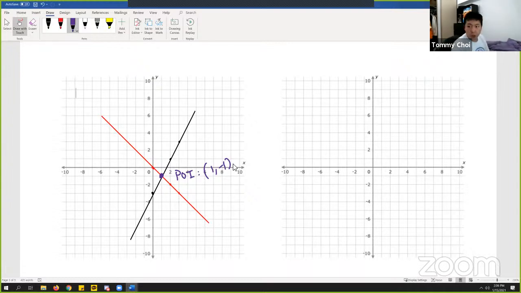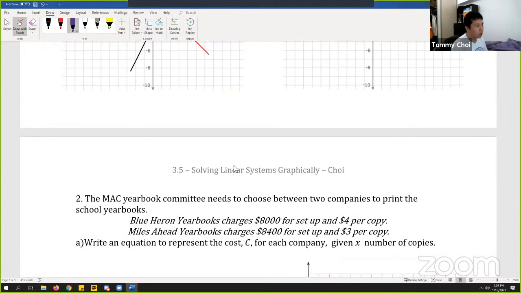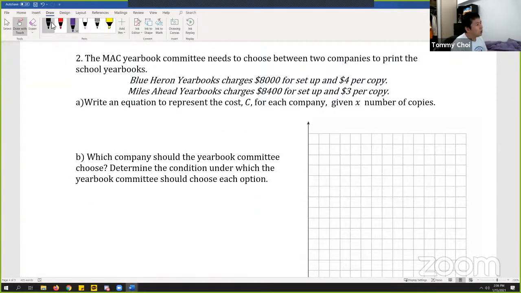All right, let's go to our 2 word problems, question 2 and question 3. Question 2 was: the MAC yearbook committee needs to choose between 2 companies to print the school yearbooks. Blue Heron Yearbooks charges $8,000 for setup and $4 per copy, while Miles Ahead Yearbooks charges $8,400 for setup and $3 per copy.